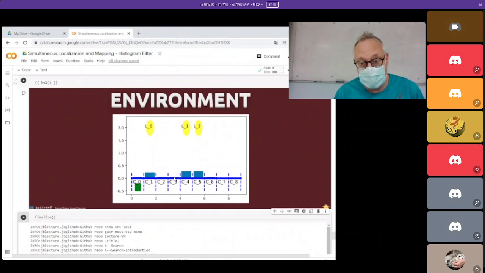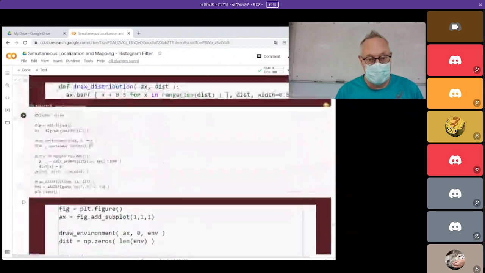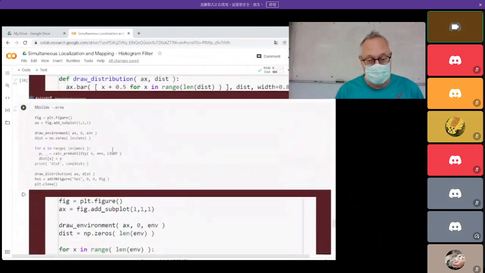Probability here, where all the bars are colored.